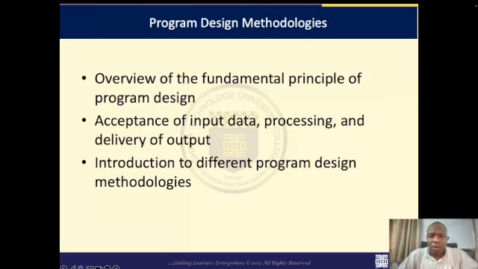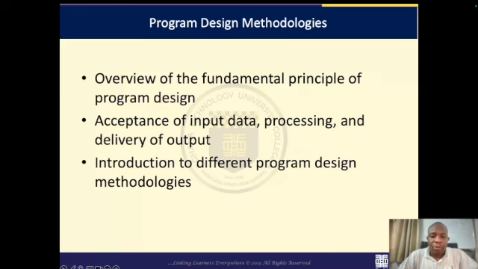Let us talk about program design methodologies. The fundamental principle of designing a program is based on the fact that a program must accept input data, process that data, and then deliver the data to the program user as output.